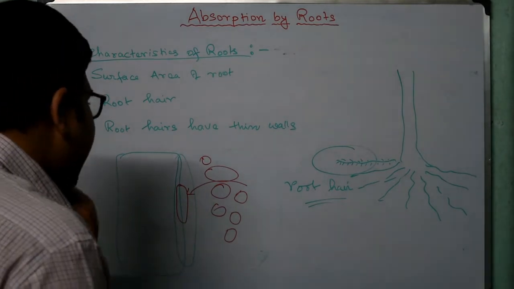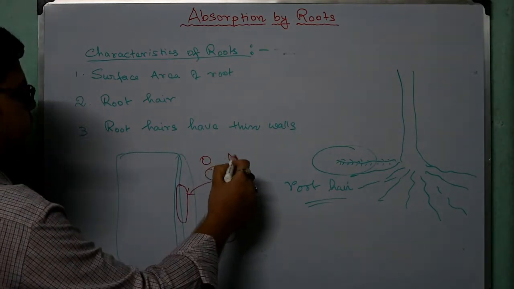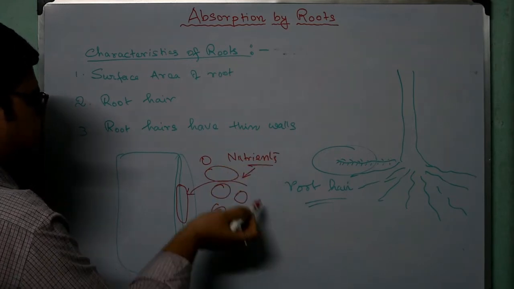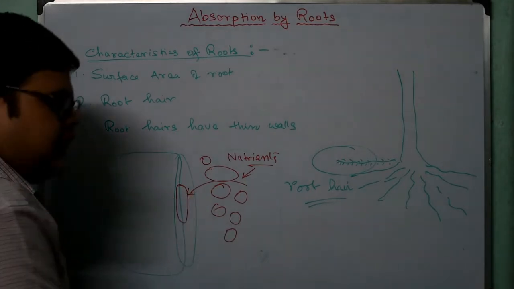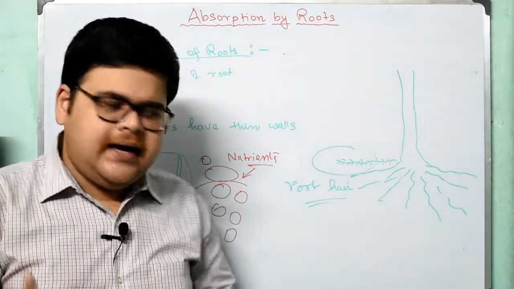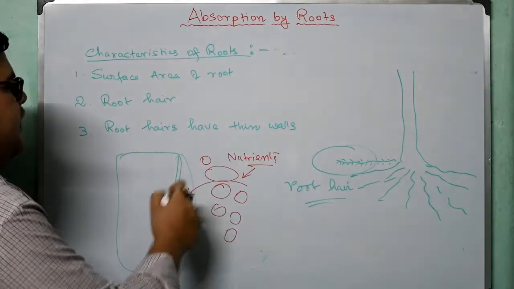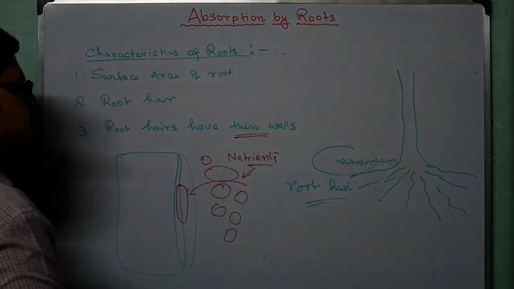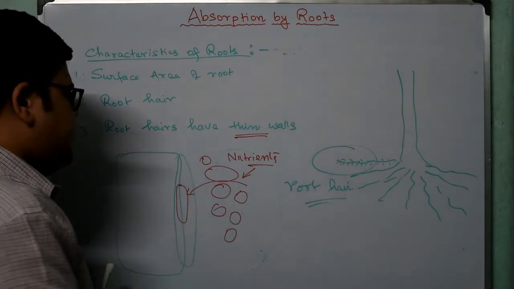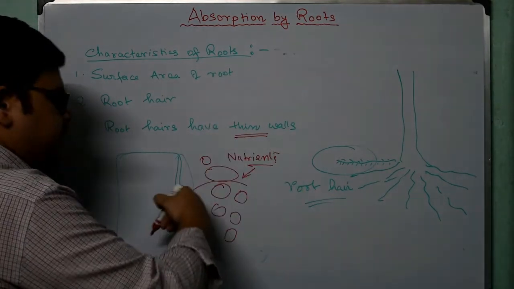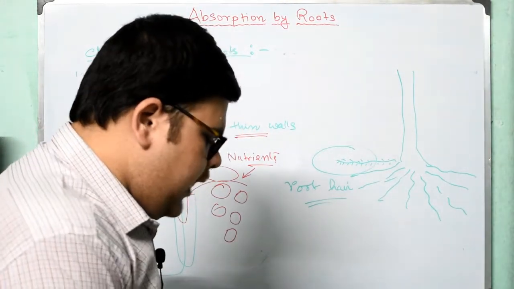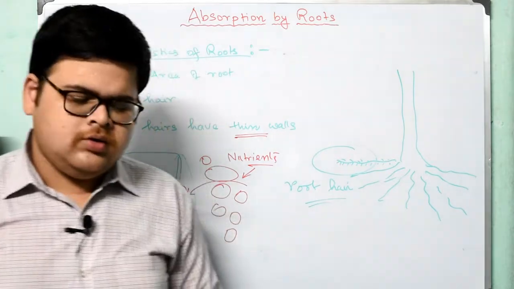These nutrients need to enter the cell so they can get absorbed and transported to various parts of the plant, so the cell wall needs to be thin. This plays a very important and vital role during absorption of nutrients and minerals within a cell.